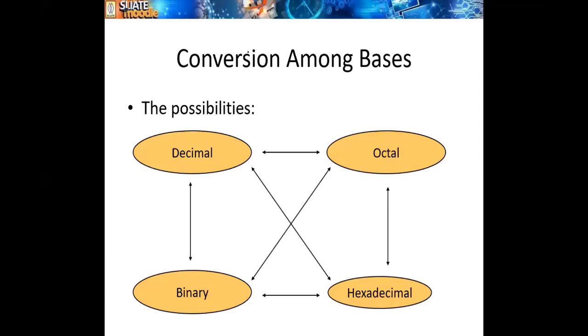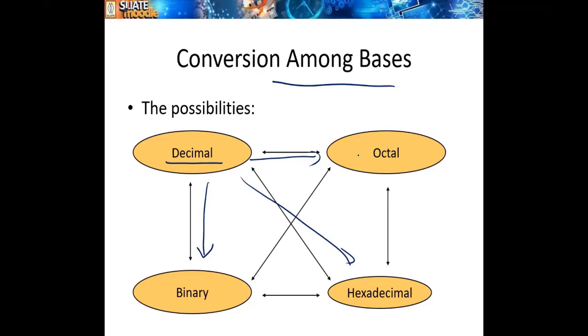So conversion among bases. It is bidirectional, meaning you should be able to convert from any base to another base, right? You should be able to convert from any one base to another base. So decimal to octal, decimal to hexadecimal, and also decimal to binary.